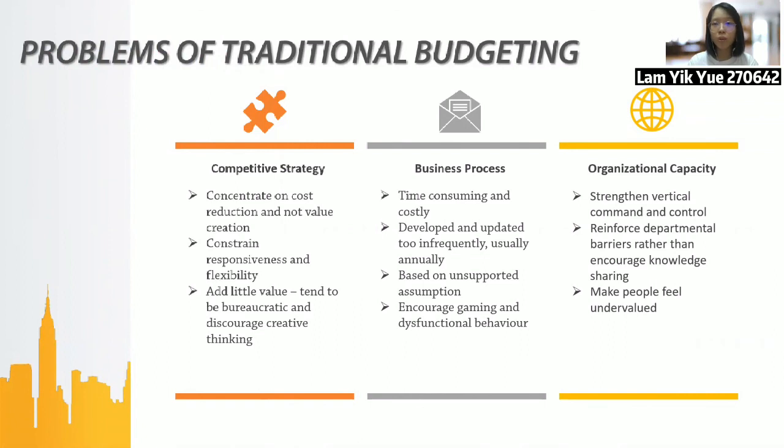Traditional budgeting also consumes time and is costly to implement. It also encourages gaming and dysfunctional behavior. Next, traditional budgeting only reinforces departmental barriers rather than encouraging knowledge sharing. This will obviously make employees feel undervalued.